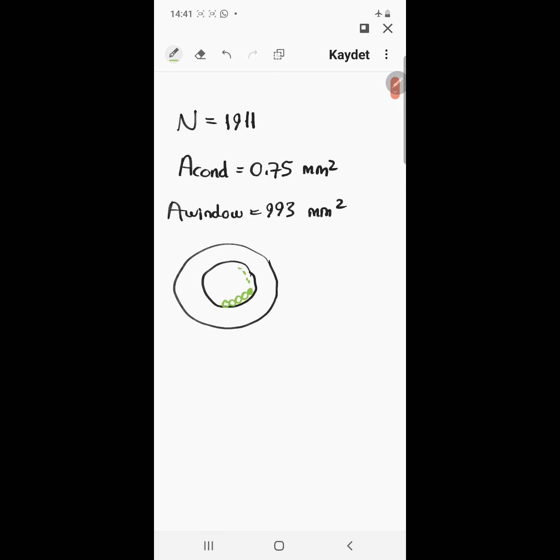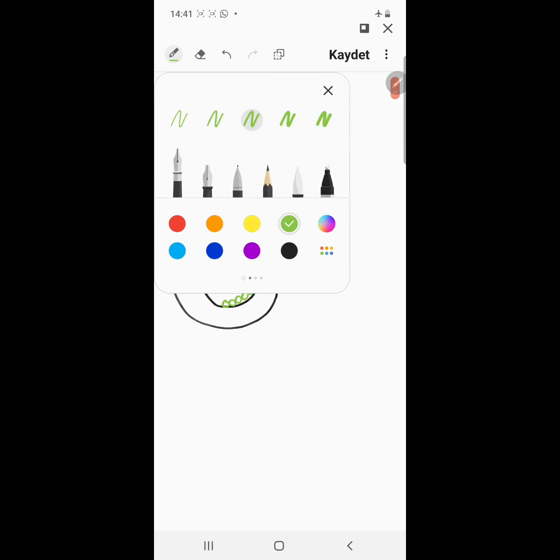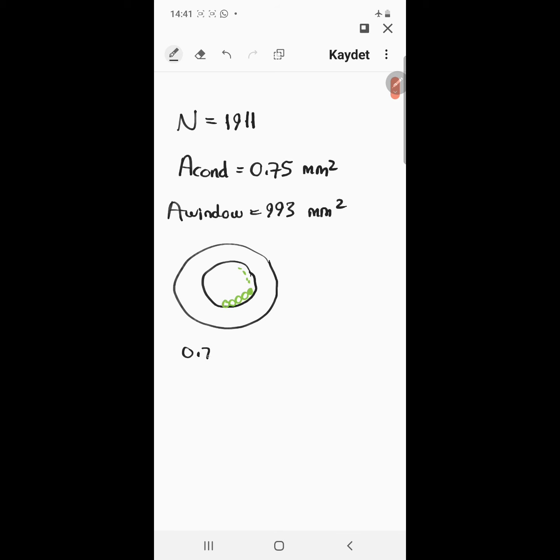These are the cross sections of turns of copper cable. When we multiply this cross-sectional area with the number of turns, we get this value. In practice, in real life, this total area cannot be larger than this window area.